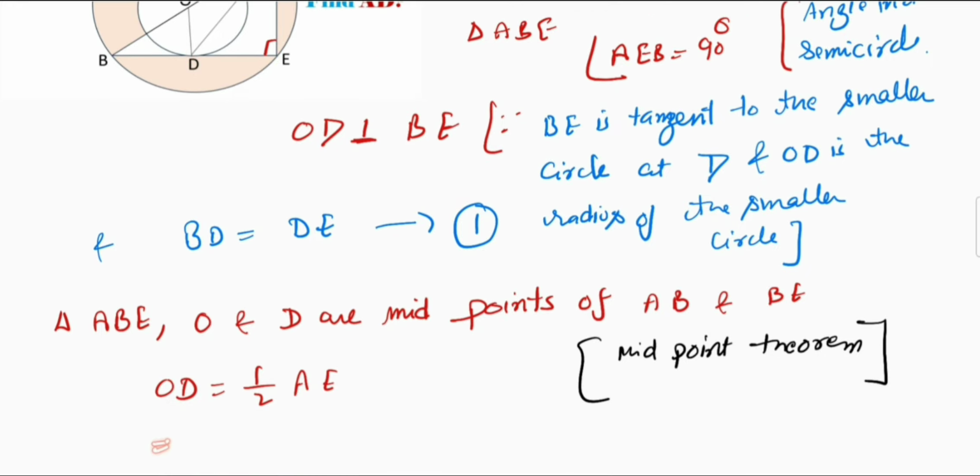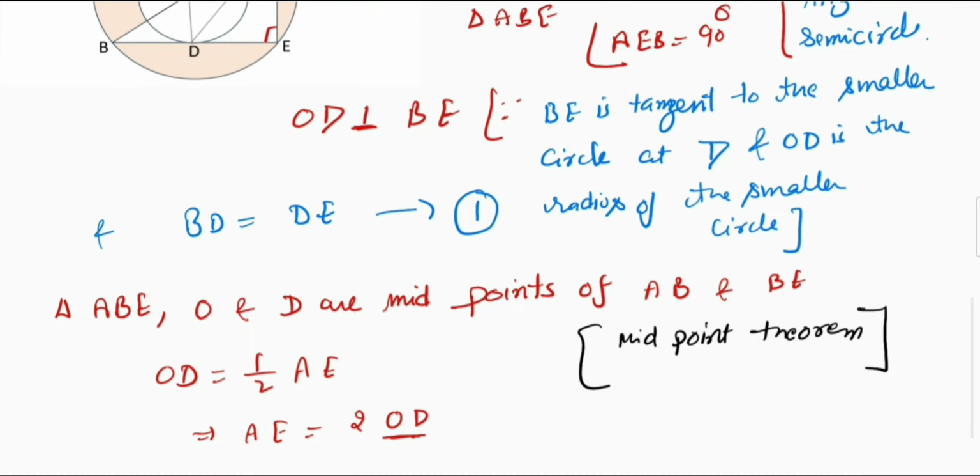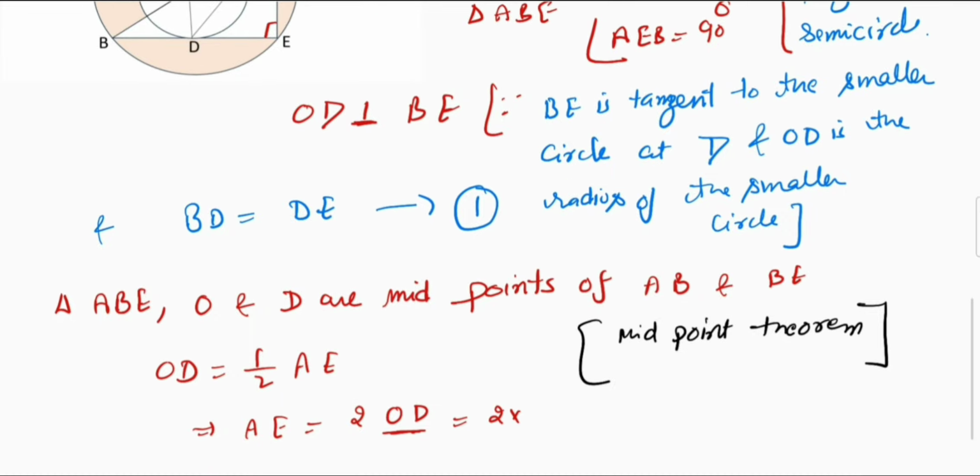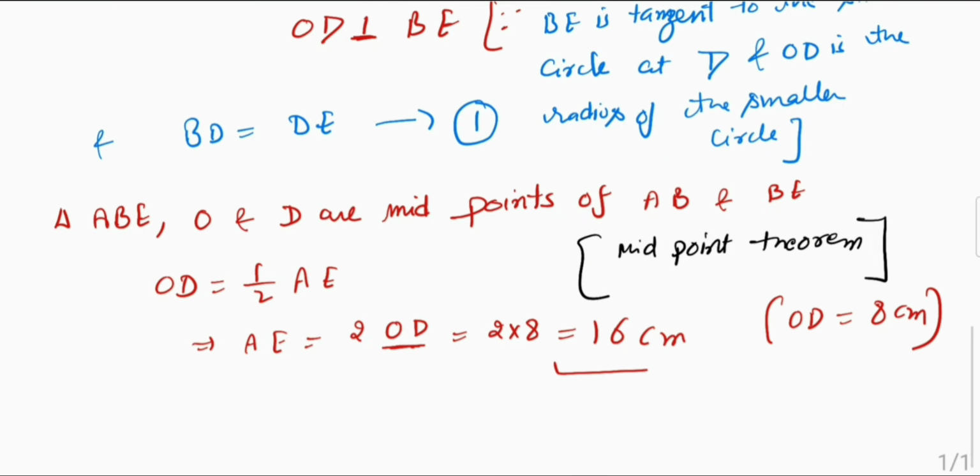So from here we'll get the value of AE. This implies AE is equal to 2 times OD. OD is the radius of the smaller circle and this is equal to 8. So we get 2 times 8, which is equal to 16 centimeter. Let me take this as 2.